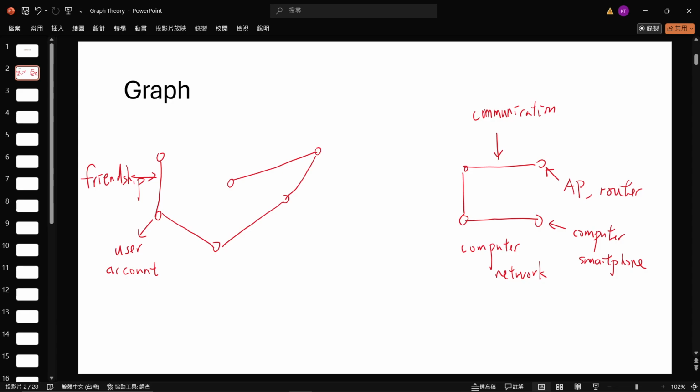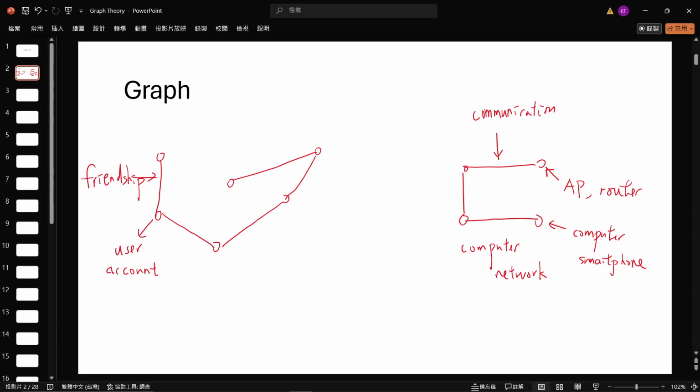The reason that we want to model them using graphs is because we can then study the structure of these complex systems, okay? So you can ask some simple questions like, is this network connected, okay? Is it prone to fail? Suppose I attack one of these devices, will I then disconnect the whole system? It's like the strength of the whole network.